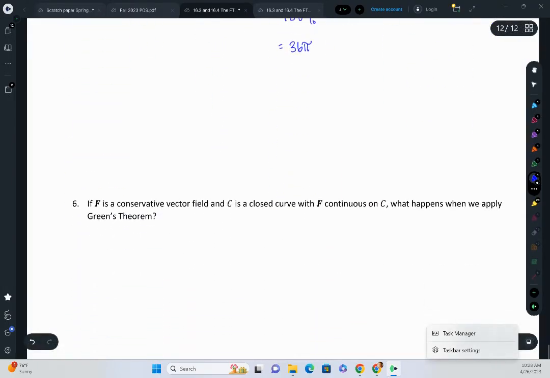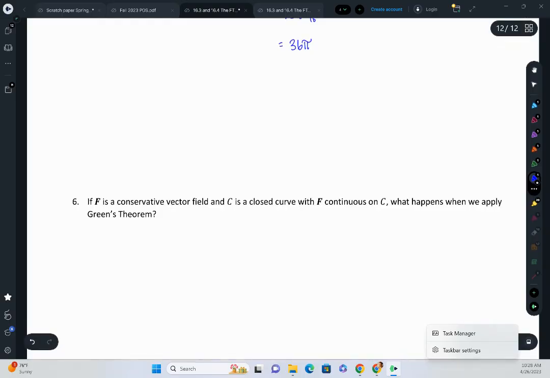Okay. The last thing that comes up here is that we are asked, if F is a conservative vector field and C is a closed curve with F continuous on C, what happens when we apply Green's theorem? Well, let's start from what we're first given. F is conservative.